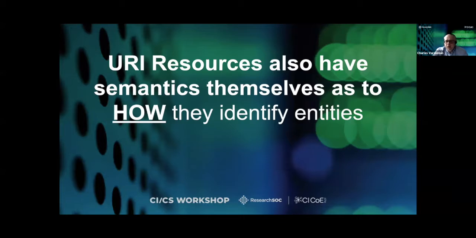But URI resources also have semantics themselves. And so the issue is, how do you disambiguate an identifier for something from an information resource about the identifier for something, and create those links? That's one of the first problems.